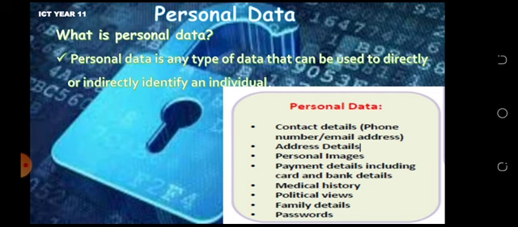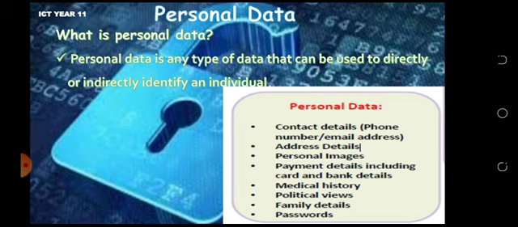Number 2, address details. Your address is part of your personal data. Number 3, personal images, like your picture. Your picture is personal to you. They can use your picture to identify you.